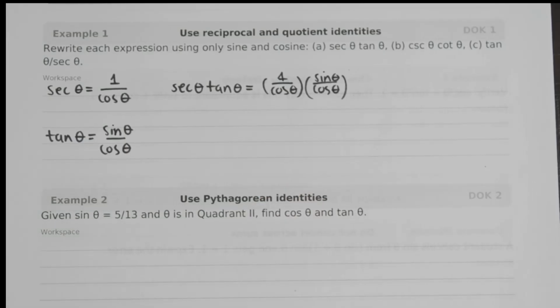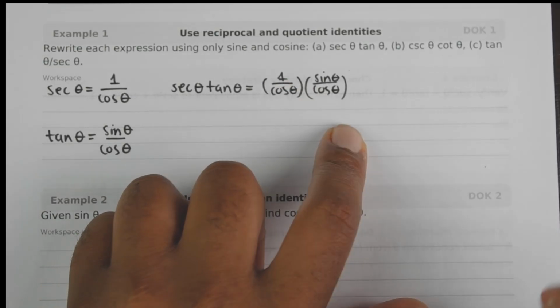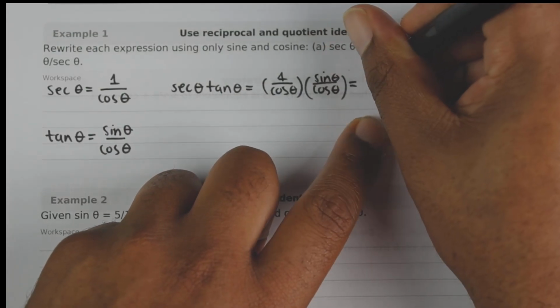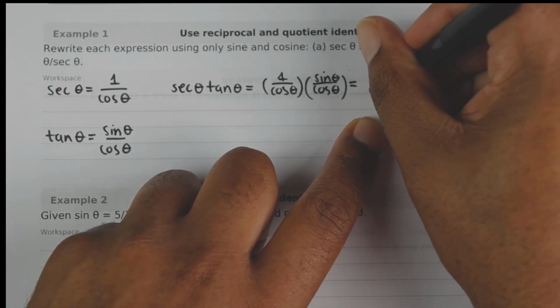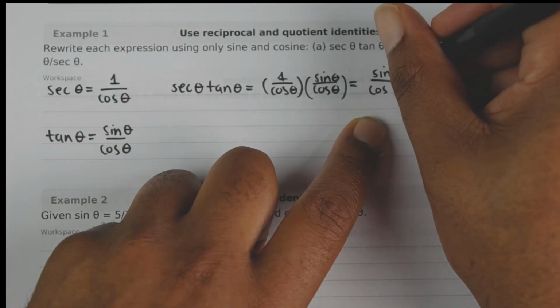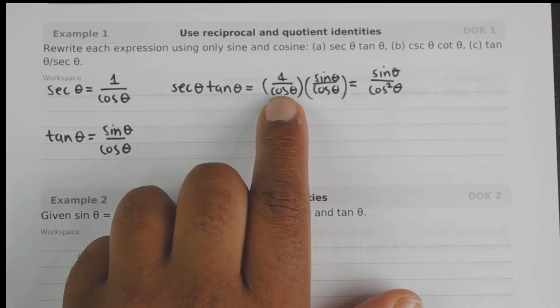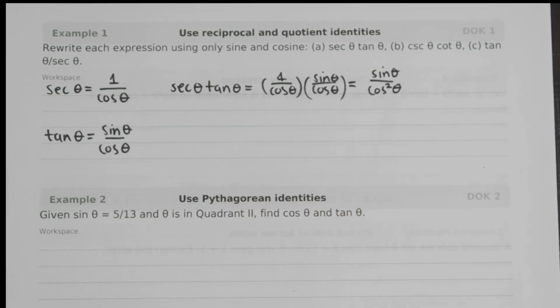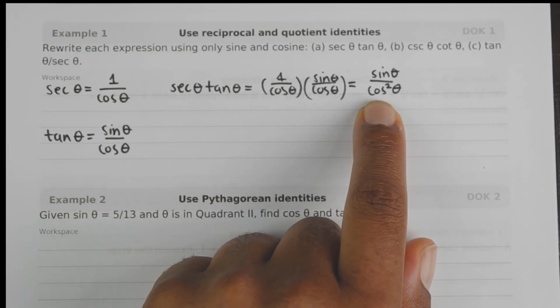Remember, the product of fractions is to multiply the numerators and the denominators. When we multiply this straight across, we end up with sine theta over cosine squared theta, because cosine theta times cosine theta is cosine squared theta. So the answer is sine theta over cosine squared theta.